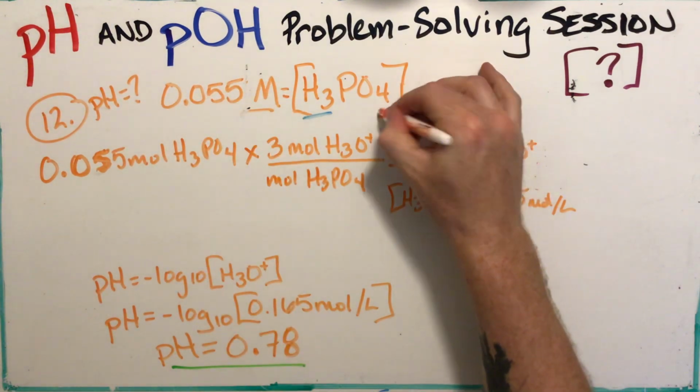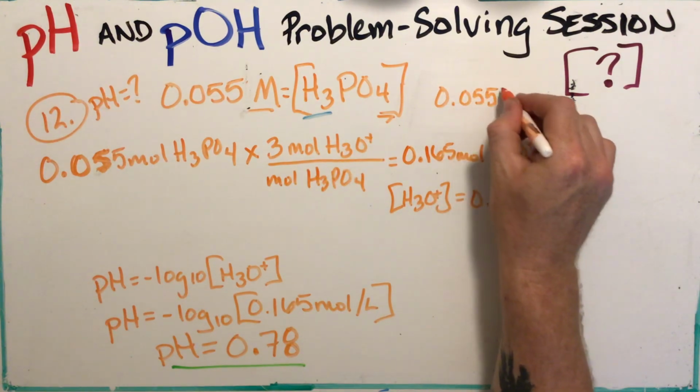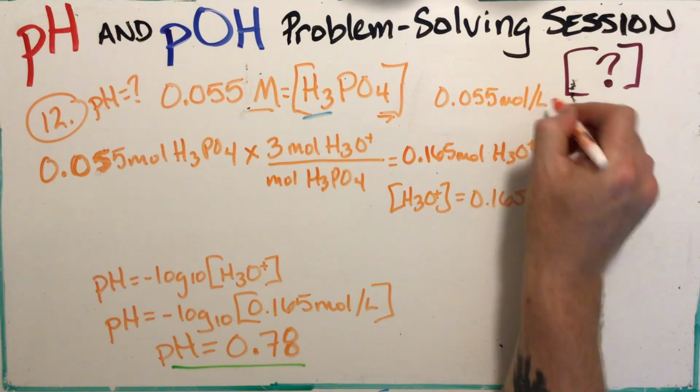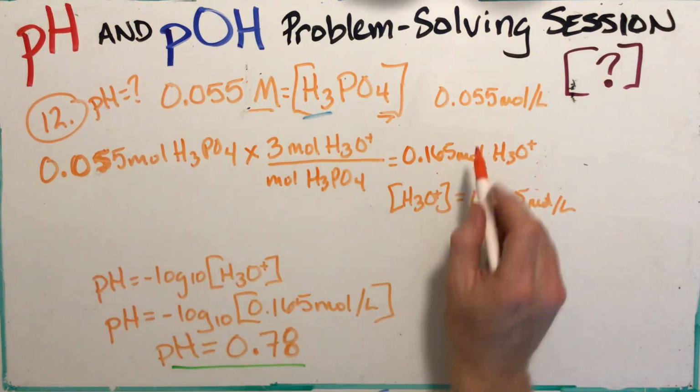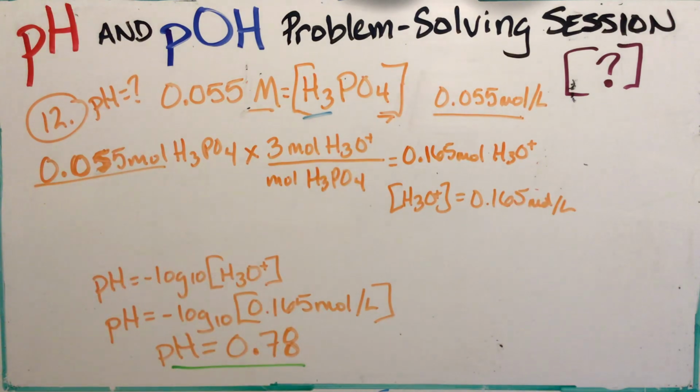I misread that, and that's the same as saying 0.055 moles per liter, and that's what I started with here. I took that 0.055 moles, and I started with it right here. And of course, these things canceled out. So I do apologize for the rough start to that question, but the proper answer is here on the board now. So pause the video and get that down.